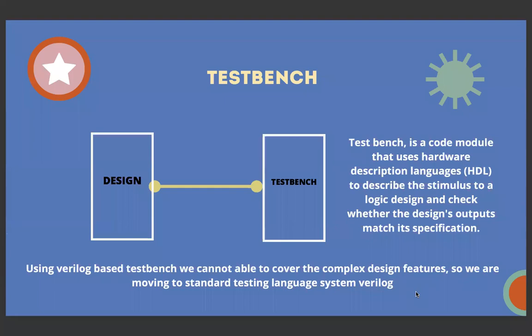So the precision in the design and verification flow is very hard bound and time limited to market because many competitors are there. That's where the need for verification arises and how you test the design.